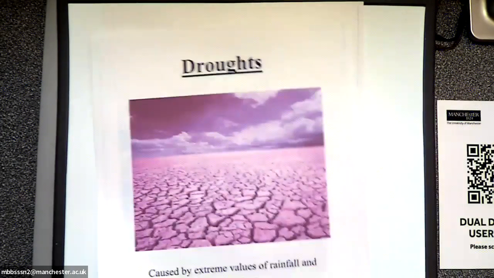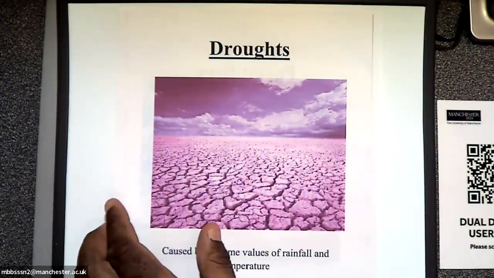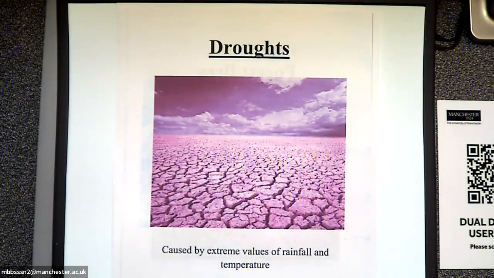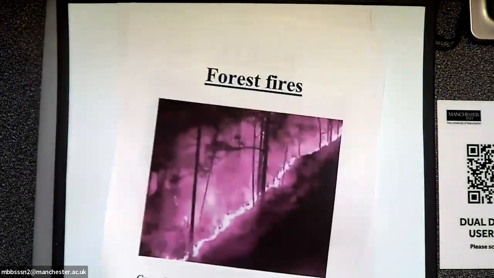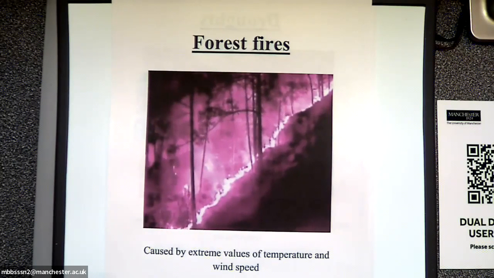And if you look at droughts, mostly occurring in Africa, these are caused by extremely low rainfall and extremely high temperature, okay? And if you look at forest fires, again in North America mostly, also Australia, these are caused by extremely high temperatures and extremely high wind speed.